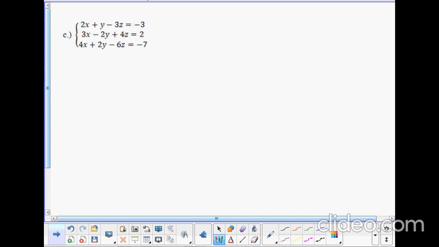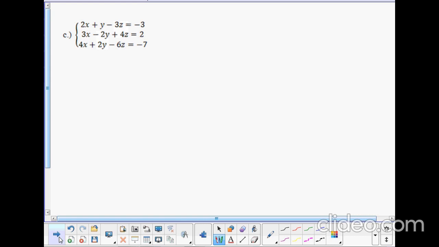Here I have an example that is C in your notes packet, and we have 3 equations, each containing 3 variables. We want to solve this linear system, and the method that we worked on was elimination, using elimination to create a 2-variable, 2-equation system from this 3-variable, 3-equation system.